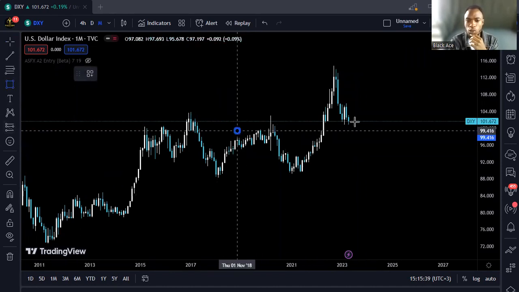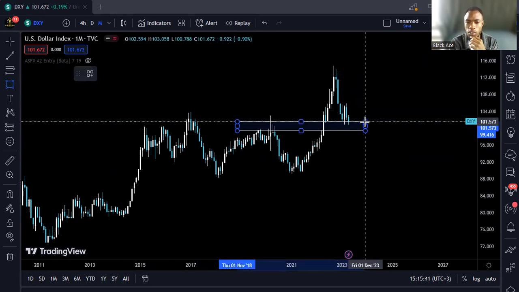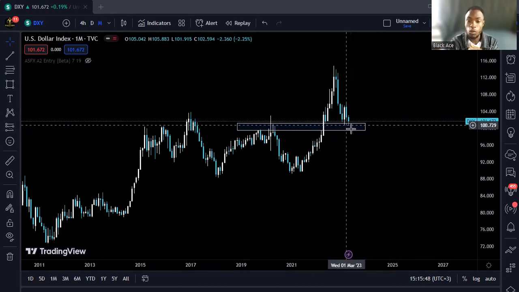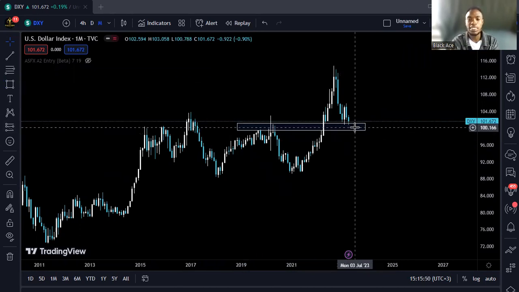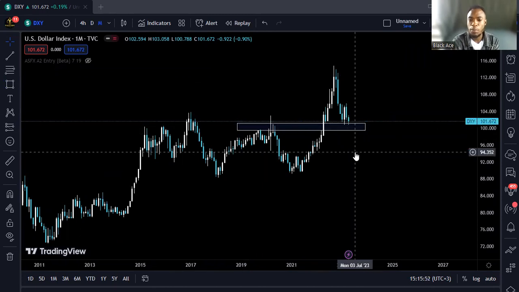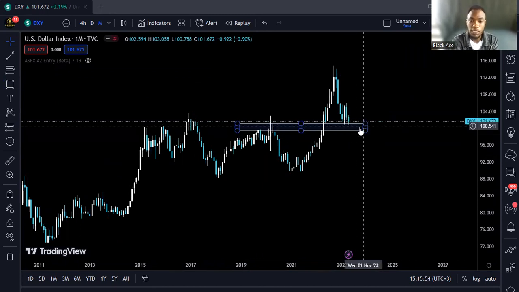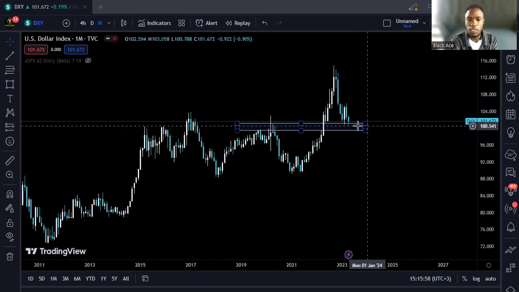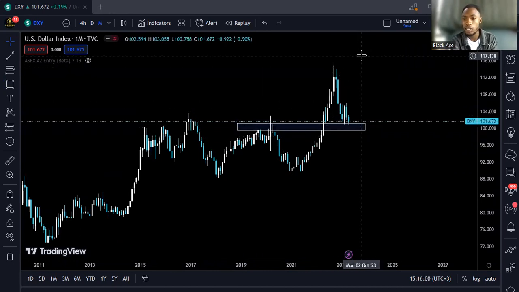We can see this was the major resistance structure, major support structure, where prices were approaching. And so far, they have not yet broken this structure. So we can't really say that prices are now in a bearish trend because prices are still above this structure. That means there's still a possibility where prices can still take off from this market structure here, right?